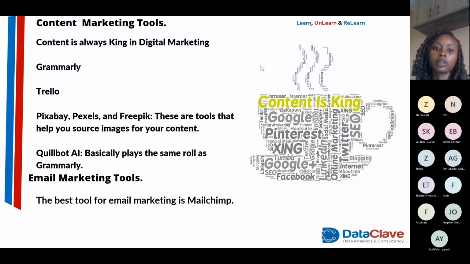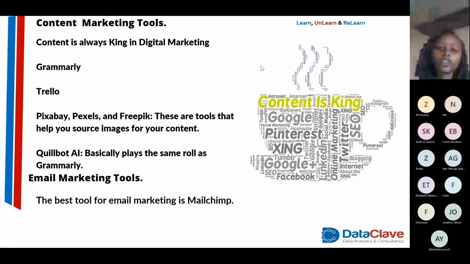Pixabay is very ideal because it offers images, illustrations, and animation, and it's free. Then you have Pexels. Pexels is also very ideal. It's nice, and we also have Freepik. So if you want to source any image for your designs, for either social media or blog content or anything of that nature, these are the tools you need.